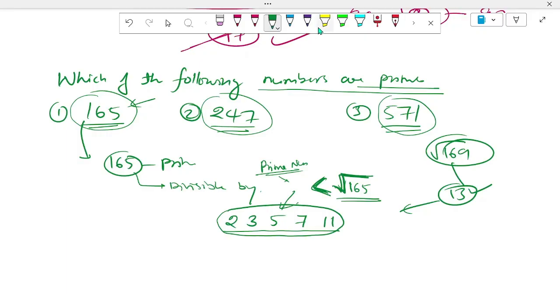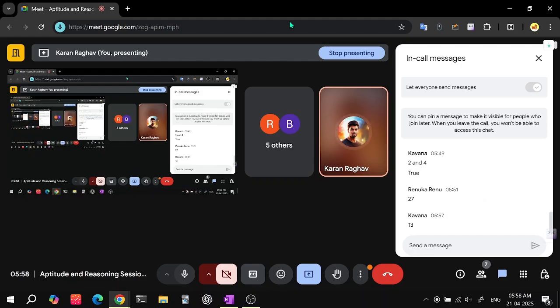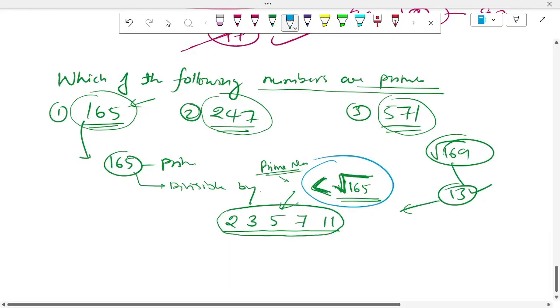See, before this rule, you are feeling like you have to check with all the numbers, but now I hope this one is very clear that you are going to check with only a few numbers, and it is very easy to find out whether a number is divisible by 2 or not, 3 or not, 5 or not. There are some rules. You need to check those rules.